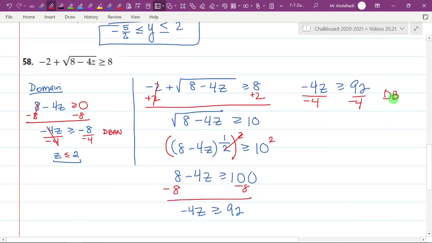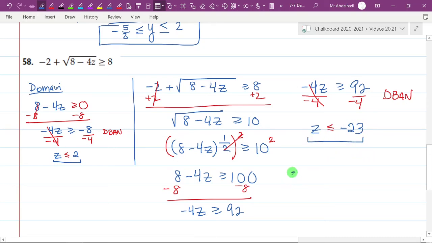That's the flip yet again. So these cancel out, and now z is less than or equal to, instead of greater than or equal to. And 92 divided by 4 is 23. And this is negative, so negative 23. Okay, so this is our solution right here.